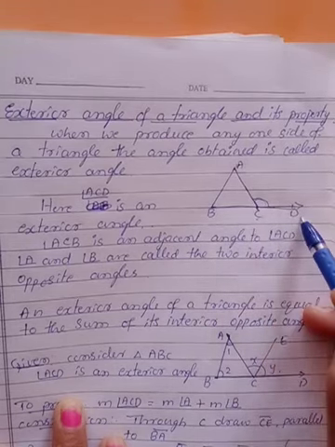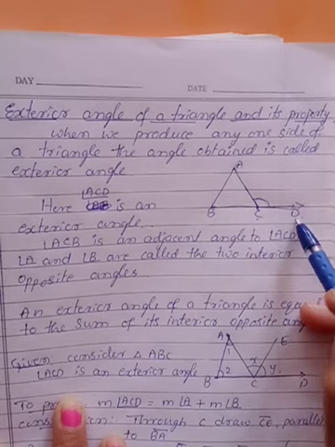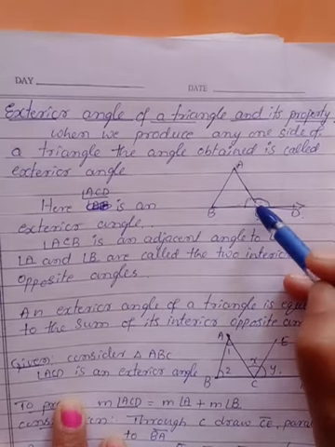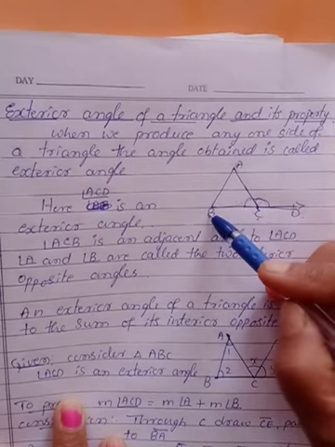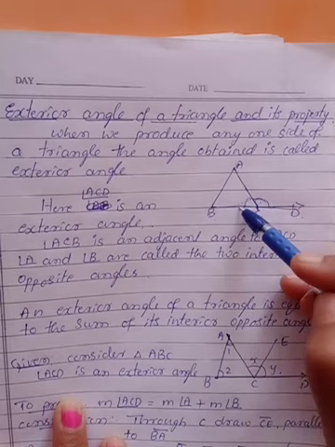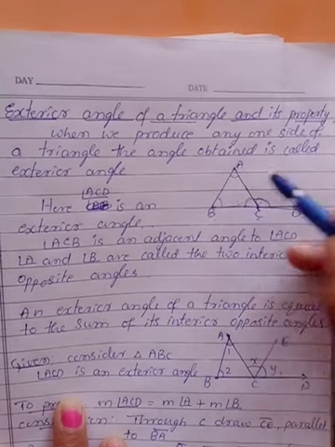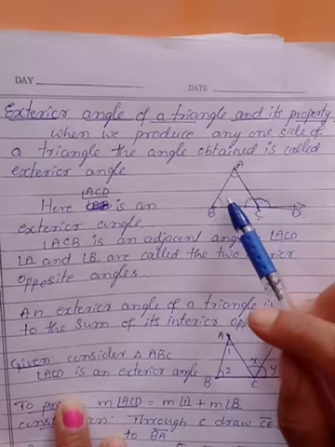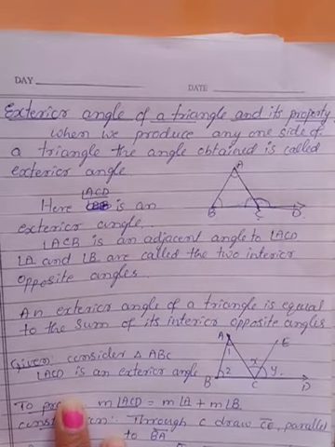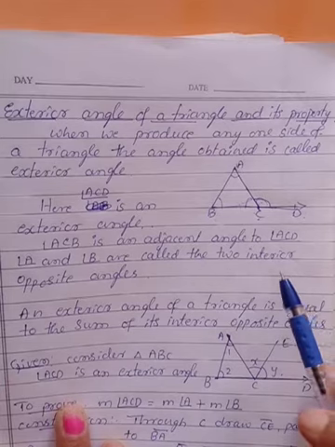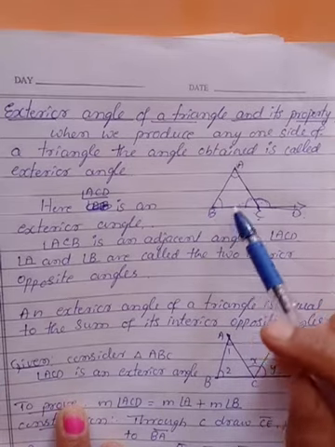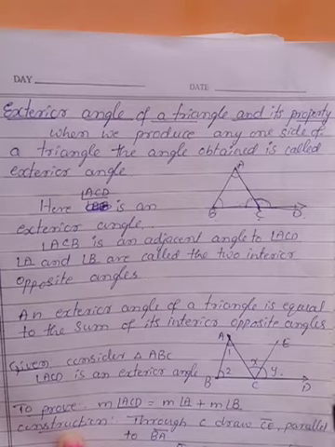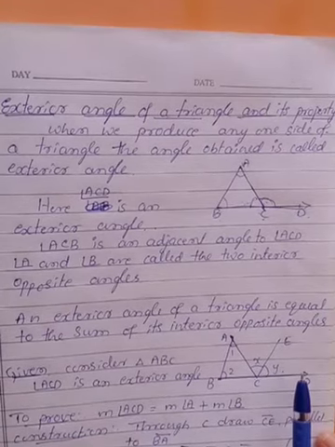When any one side you produce, you will get an exterior angle. Now this angle is adjacent to ACB. Leaving the adjacent angle, the two more angles you will have are called interior opposite angles. Getting? Okay.